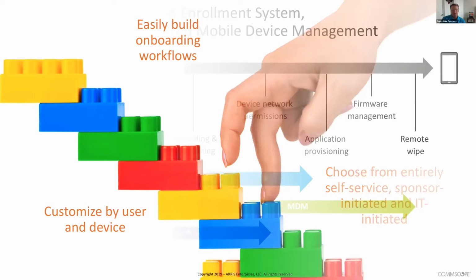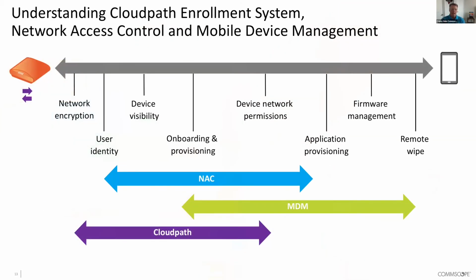So a lot of people at this point are asking, okay, is this a NAC? Is this a MDM, right? It's kind of a combination. So I've used this slide to kind of explain where it fits. I always say we're kind of a NAC light, right? We're not going to get into the application side of it, right? We stop at the device and making sure it's enrolled in the right network. We're supporting all the different network encryptions and what's going on.